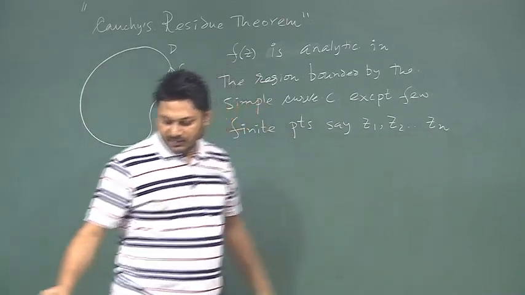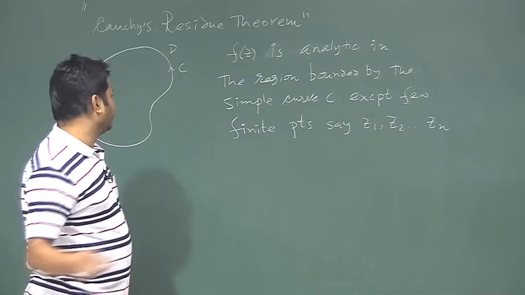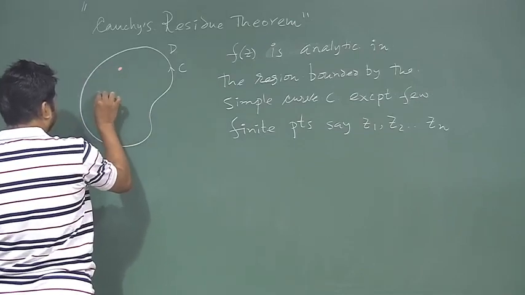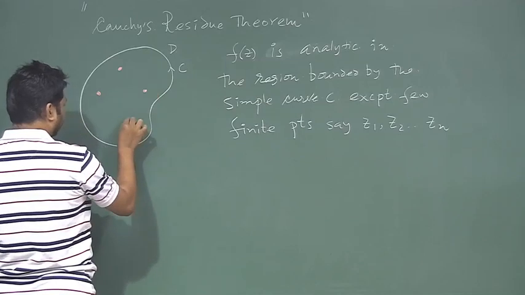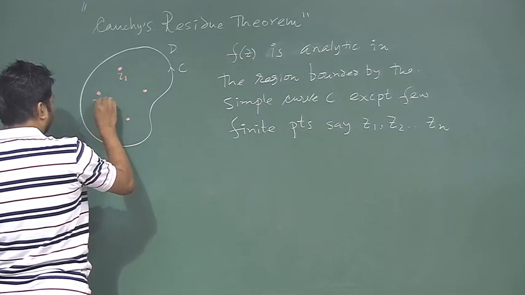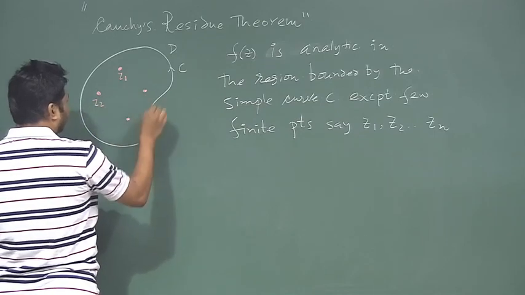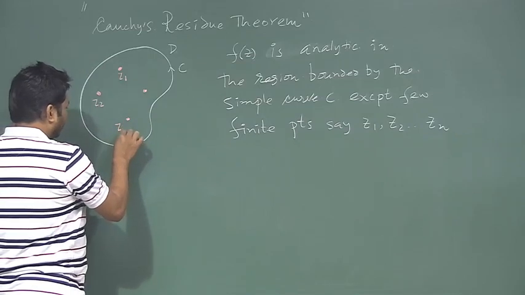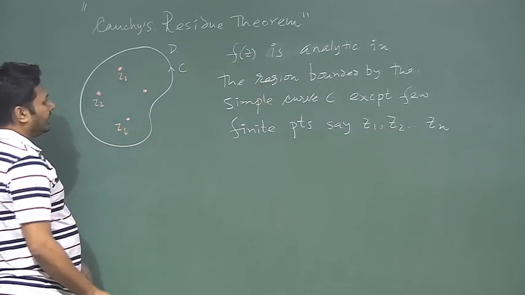That means it is not entirely analytic in the region. There are a few points, marked here, here, here, here, say Z1, Z2 and so on, with a general point Zi and up to Zn.